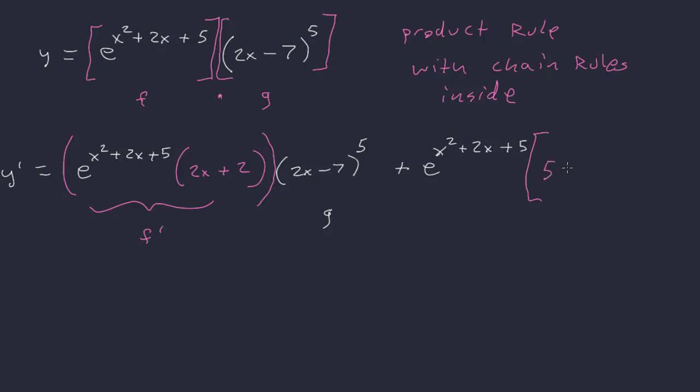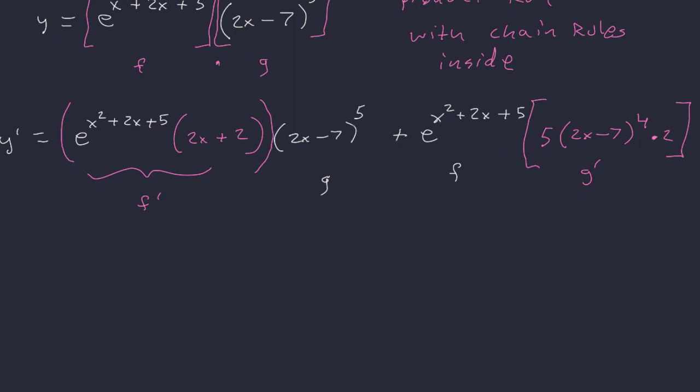So I'm going to bring the 5 down. It'll be 2x minus 7 all raised to the fourth, but we need to multiply by the derivative of the inside, which in this case is just 2. Okay, so here's f left alone and the derivative of g.